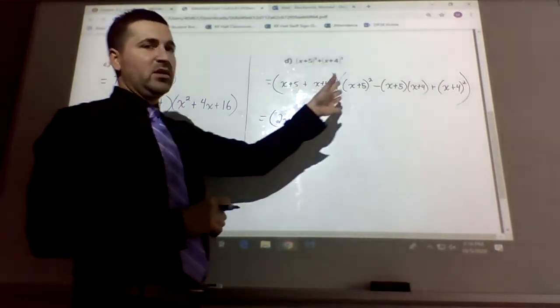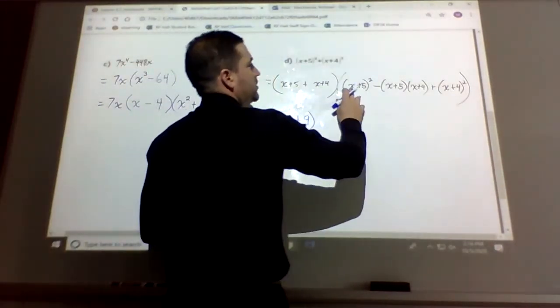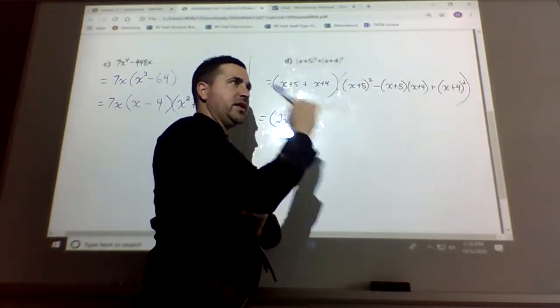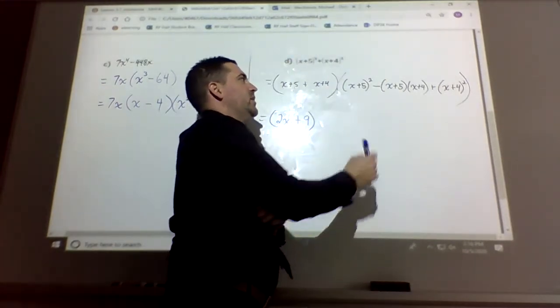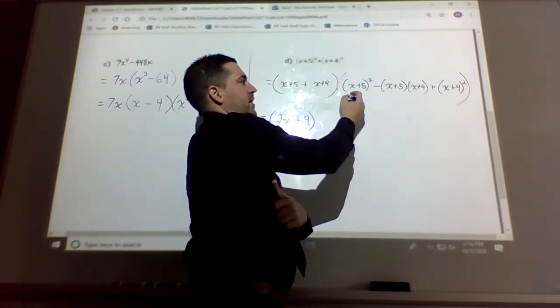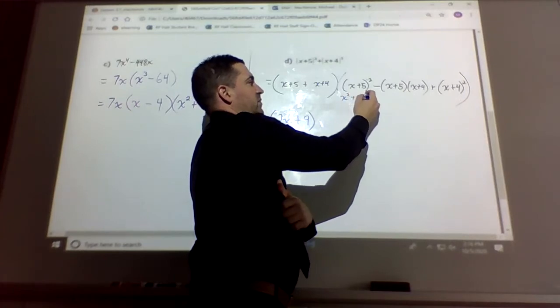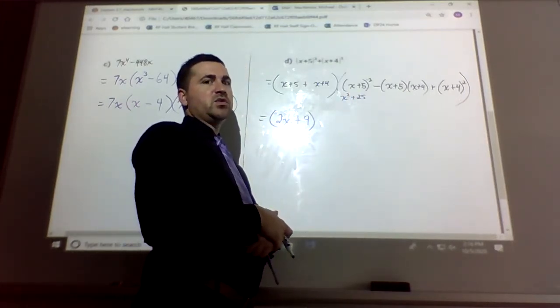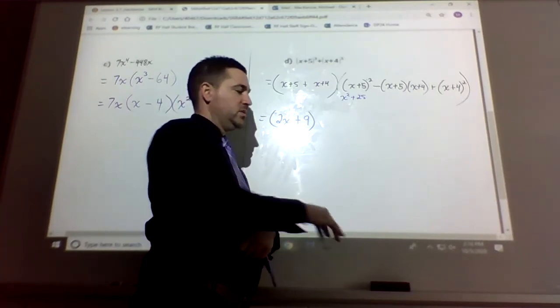Okay, this is where it gets a little bit tedious. So x plus 5 squared, please do not do this. I still get grade 10s do this, and I still get grade 12s do this. They do x squared, and then 5 squared is 25, so they end up writing x squared plus 25. That is not correct. You just squared the terms, you didn't square the brackets.